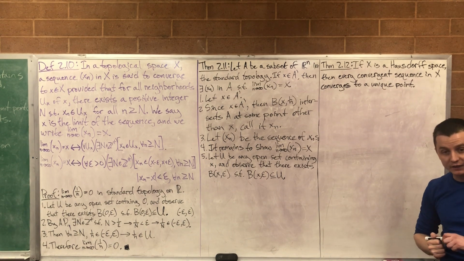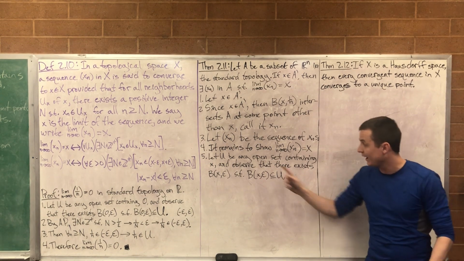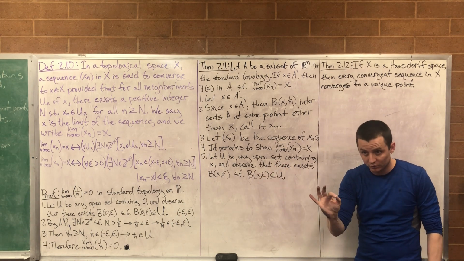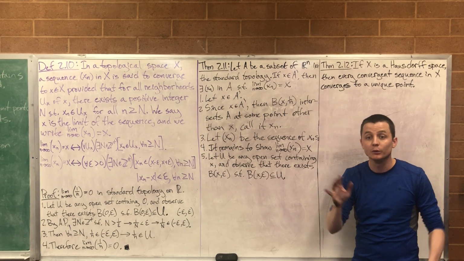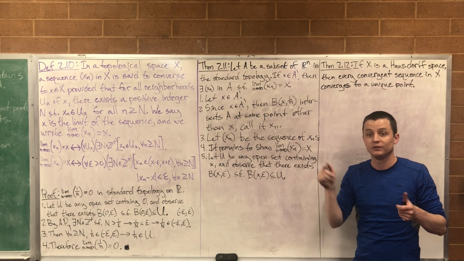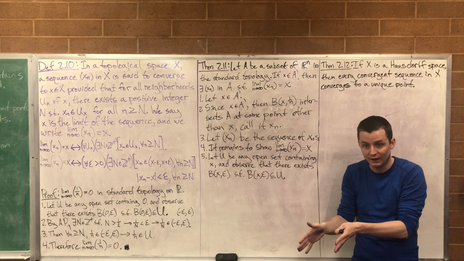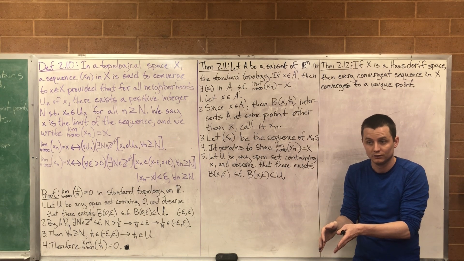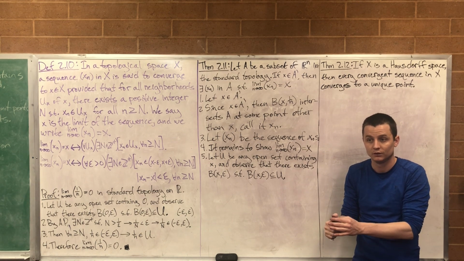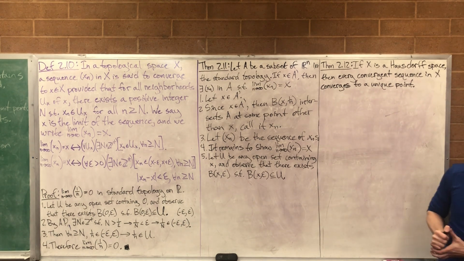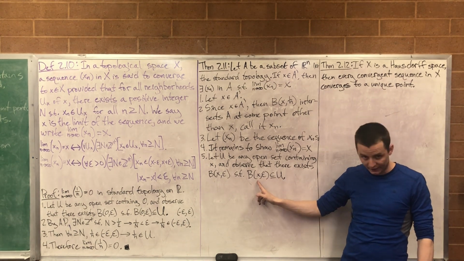U is an open set. U contains x. We're in the standard topology. Therefore, U is a union of open balls. Since x is in U, there must have been some open ball containing x. Good so far? Okay, so here's the open ball at x.